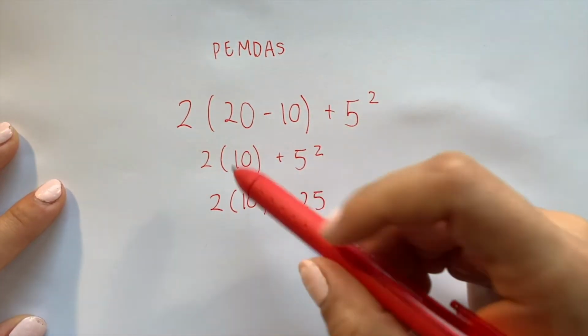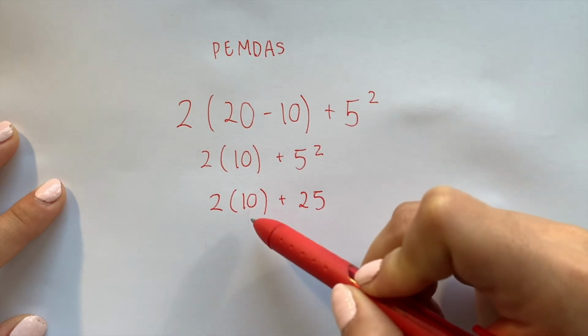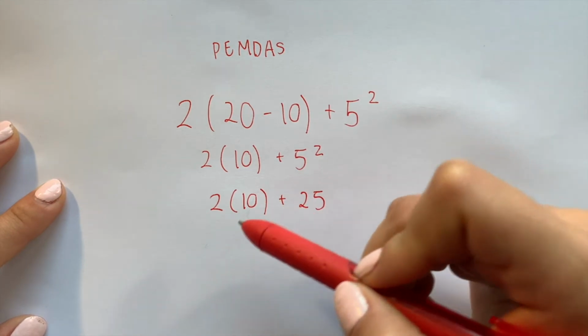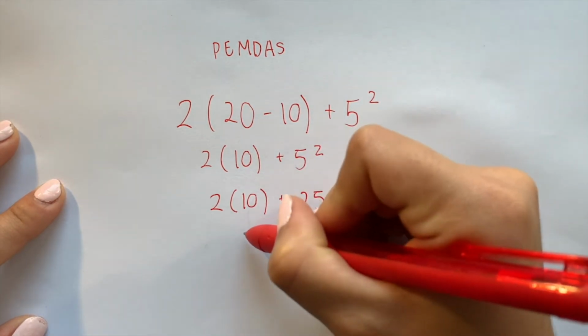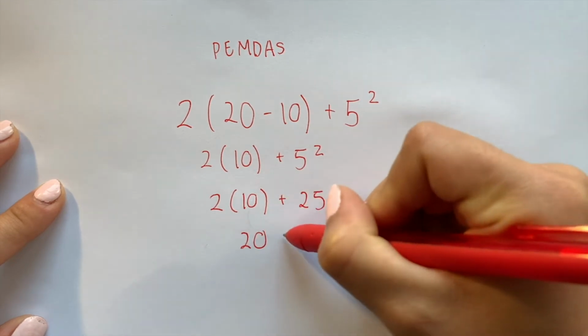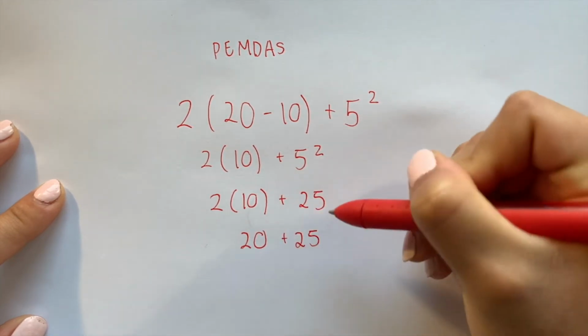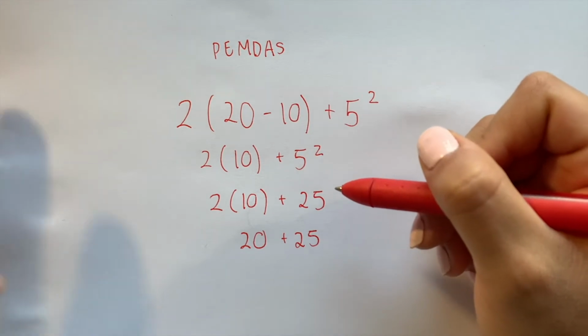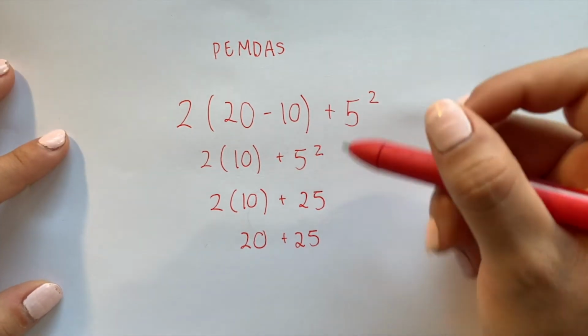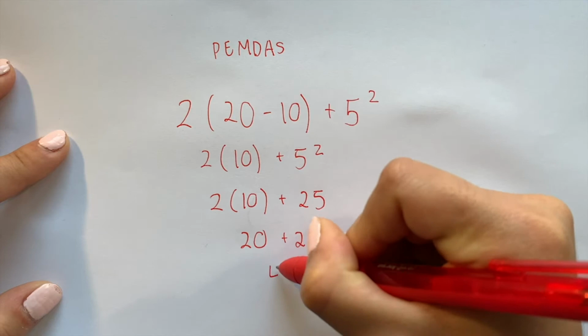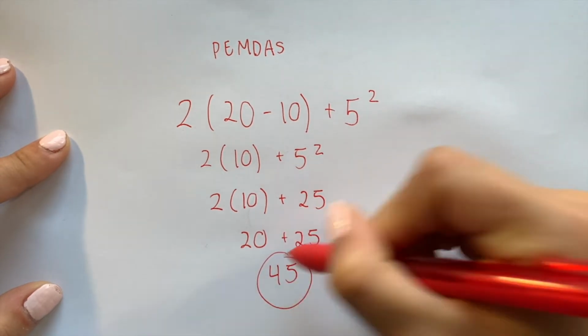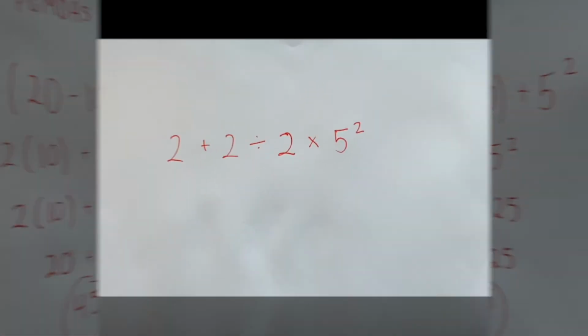So then that means that we would have to multiply these two first, which 2 times 10 gives us 20 plus 25. And now, since that's the only thing that we have left, we can just go ahead and add those two numbers, which gives us 45, and that gives you your answer.